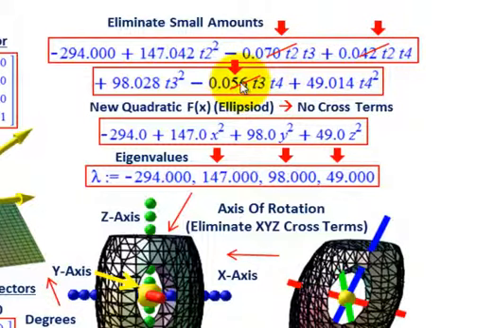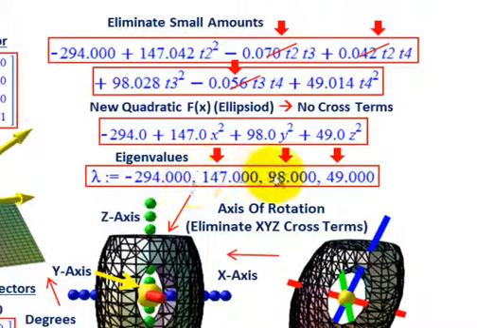But by coming up with our eigenvalues, you can see our eigenvalues here, 147. Well, we got that minus 294. That's not really an eigenvalue because it's sitting on the 0, 0, 0 point. But nonetheless, you can look at the x squared, which is 147. The y squared is 98 as a coefficient, and your z squared is 49 as a coefficient.